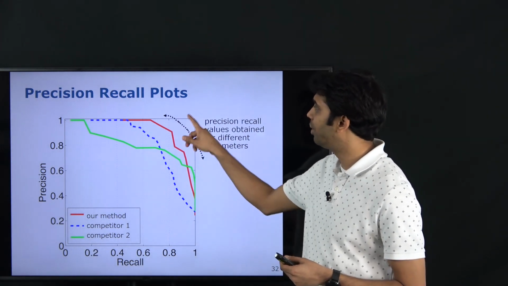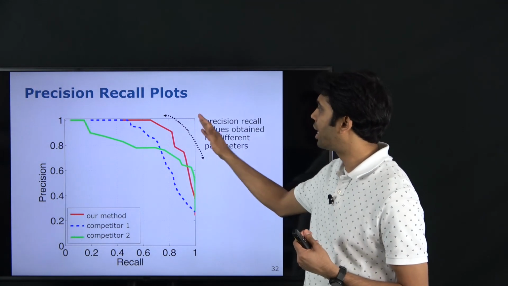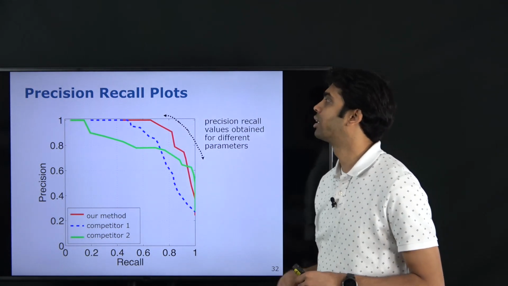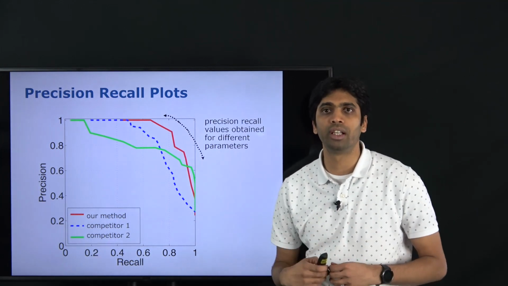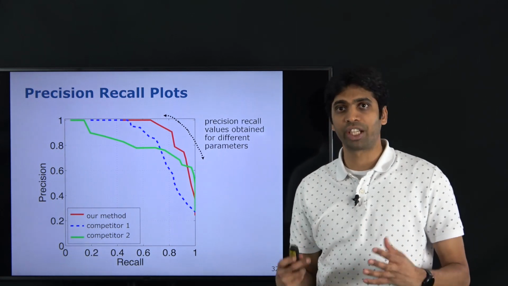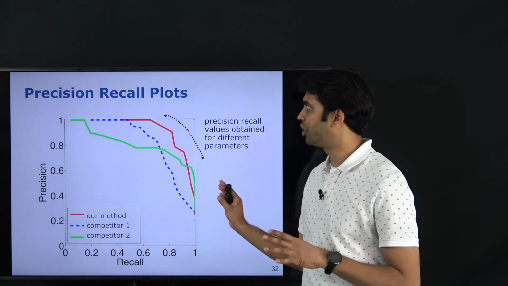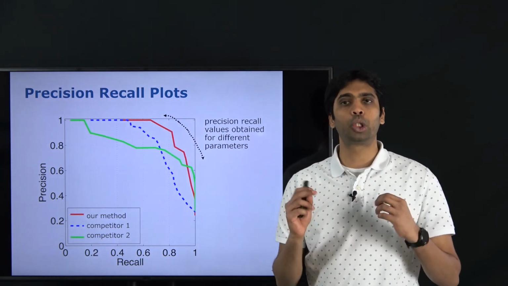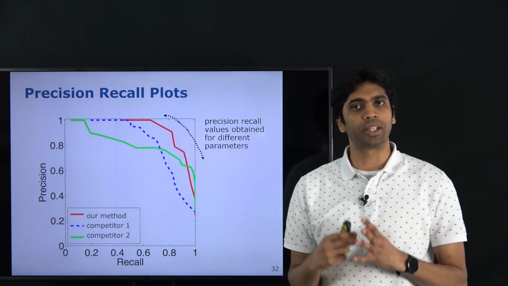So if you sit here, it's the best possible scenario, and in general, you want to be as close to the top right as possible. And of course, you would see these kinds of plots often drawn when you want to compare multiple classification systems. So the same is the case with the ROC curve. Precision recall is also a similar tool to analyze how well a particular classifier is performing.